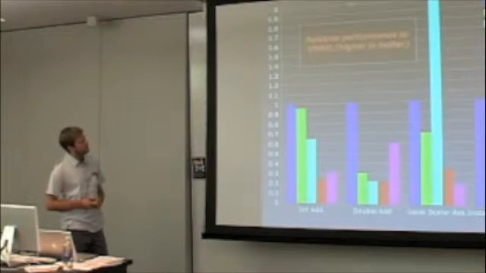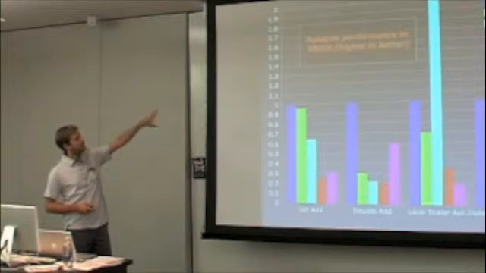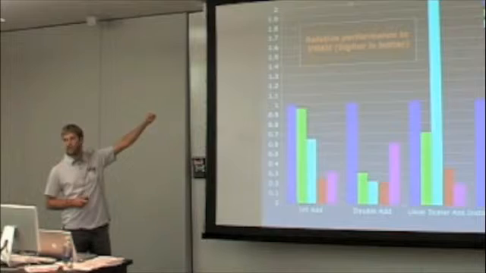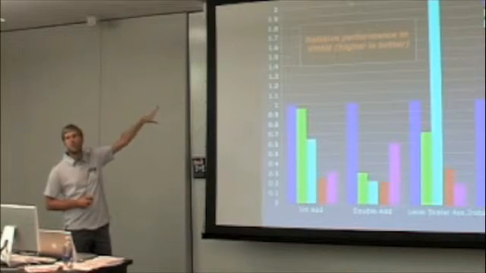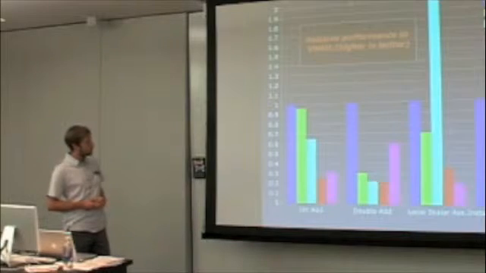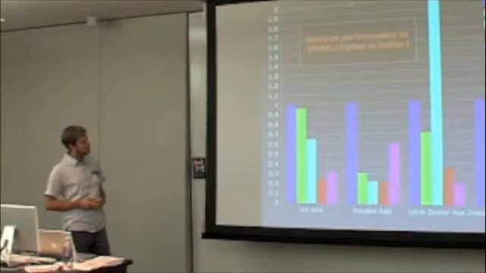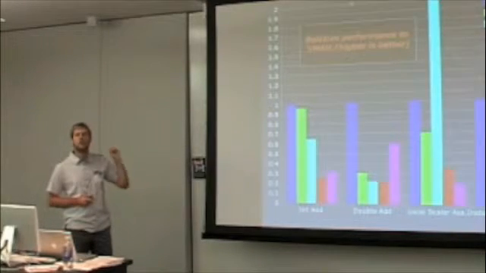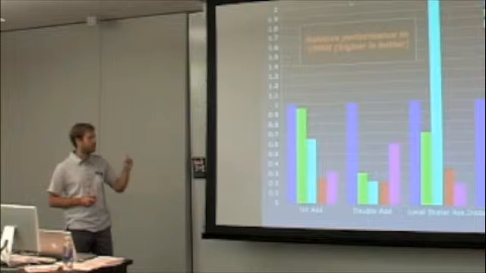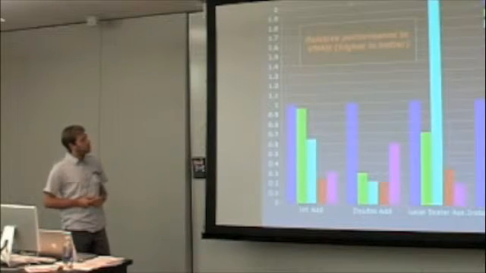For low-level operations, on all graphs it's relative performance to VMKit, so higher is better. For example, if you get a score of 2, you're 2 times better than VMKit. So here we're doing great. Arithmetic operations, LLVM is really generating optimized code. So that's great.